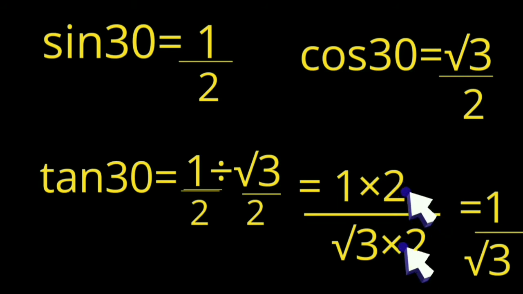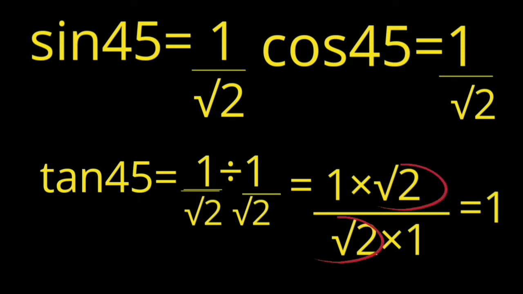Sin 30 is 1 upon 2 and cos 30 is root 3 upon 2. So tan 30 will be 1 upon 2 divided by root 3 upon 2. That is 1 into 2 upon root 3 into 2. 2 will get cancelled and we will get 1 upon root 3. Therefore tan 30 is 1 upon root 3.